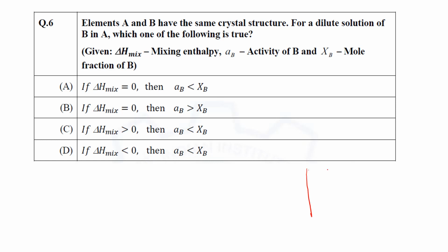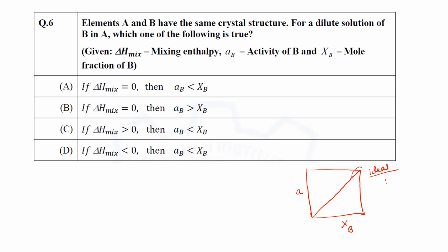So in the case of Raoult's law, we know this is the activity and this is the mole fraction. Here it is a dilute solution of B in A. So let us take B, and when we draw a line which is just the diagonal, this is for the ideal case, the ideal solution.